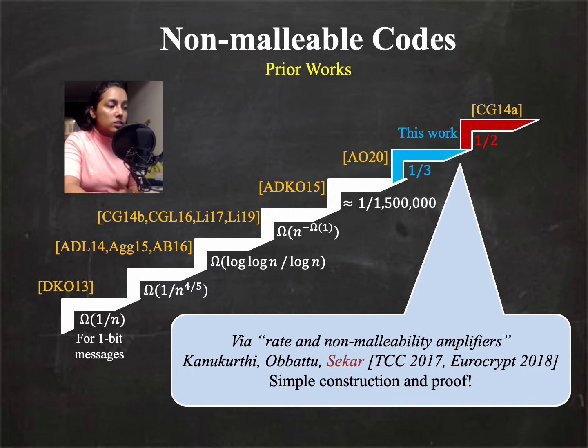We'll get to what this technique means in the future slides, but this technique was used by Kanukurthi, Obbattu and Sekar in their previous works, which aim at building non-malleable codes for higher state tampering models, but we use it in the setup of the two-split state model. And it turns out, in addition to getting such a huge rate improvement, our construction is also simple, and so is our proof.